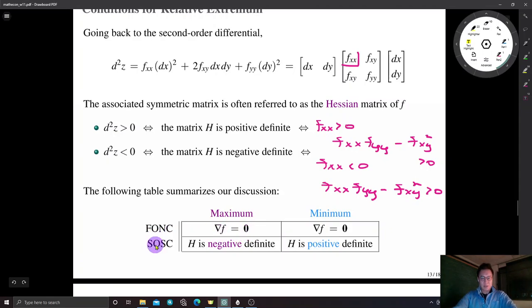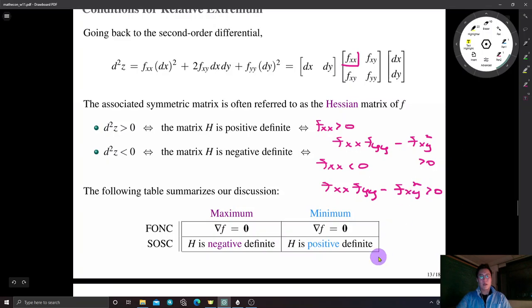But the second order condition is that d squared z must be negative, right? Must be negative for a local max, meaning that the Hessian matrix H must be negative definite. Okay, so when the function depends on two variables, the condition can be written this way.